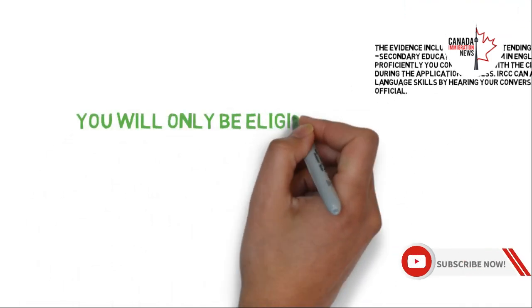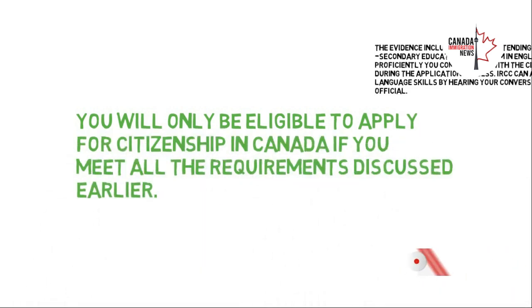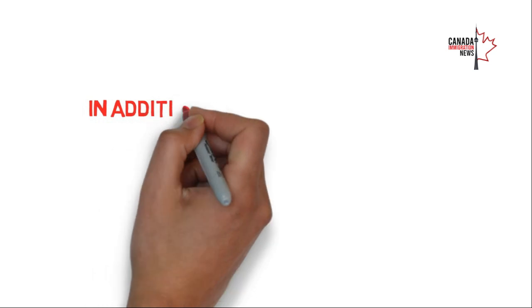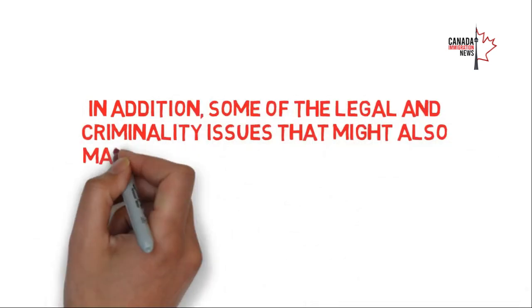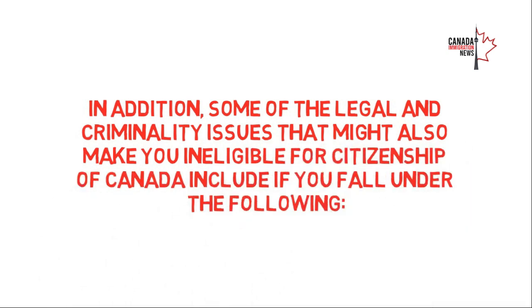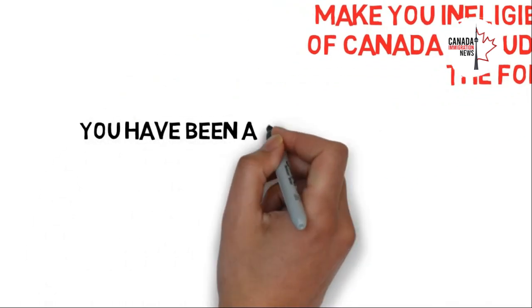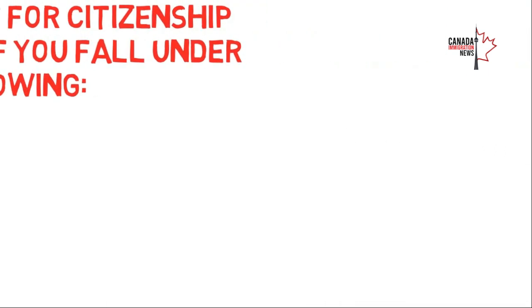You will only be eligible to apply for citizenship in Canada if you meet all the requirements discussed earlier. In addition, some of the legal and criminality issues that might also make you ineligible for citizenship of Canada include if you fall under the following. You have been accused of a criminal offense during the past 3 years.